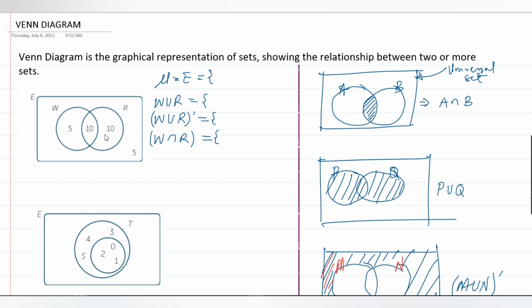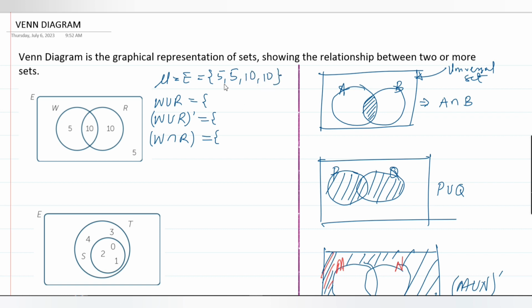In the universal set, that's everything contained inside the rectangle. It doesn't matter where it is, everything contained there. Of course, we have 5, another 5, 10, then 10 again.